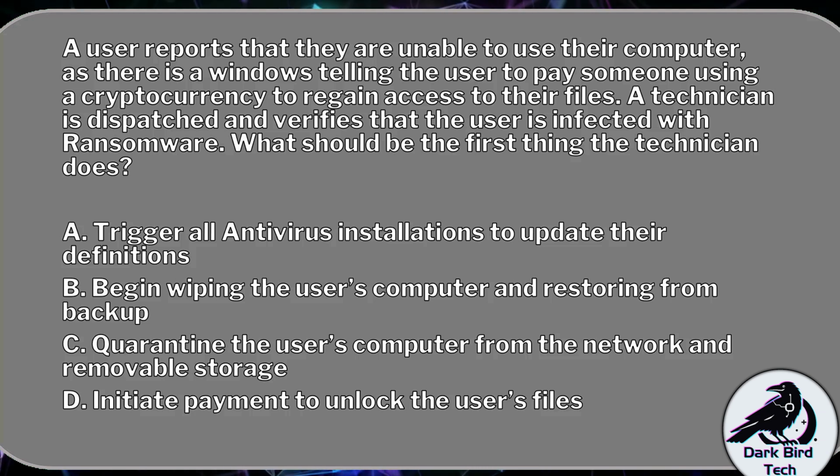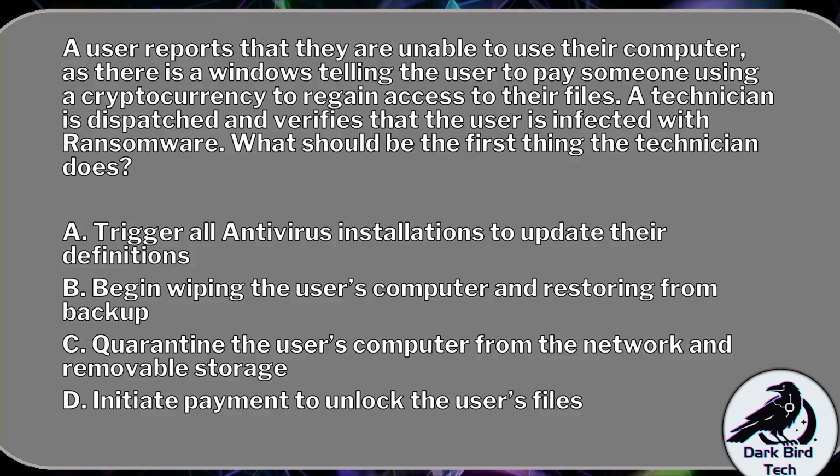Alright, so first of all, let's start working through what would be the best option. So all can be good under the right circumstances. Getting all the other computers in the organization to update their antivirus to try and stop it taking hold on other machines, that would be a good thing to do.